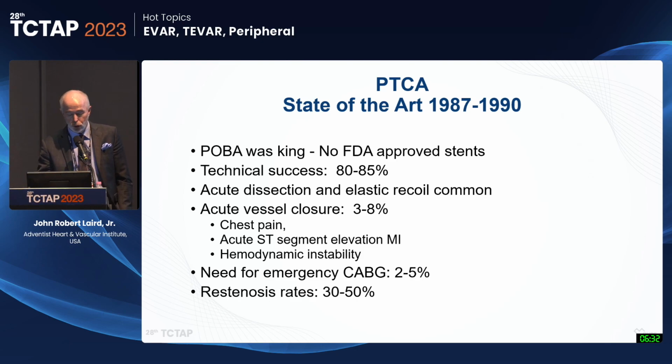We had acute vessel closure occur in 3 to 8% of cases, often with significant consequences. And there was a need for emergency backup bypass surgery in 2 to 5% of cases, with restenosis rates, if we were successful initially, of 30 to 50% with balloon angioplasty. So those good old days were really not so good.